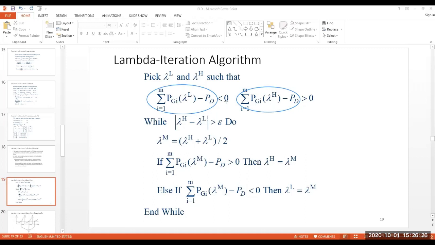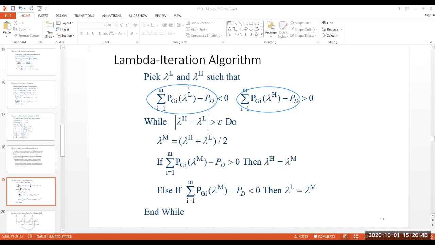That's why I am taking values at two ends of my actual solution. My actual solution is in between lambda L and lambda H. The actual, desired value of lambda would satisfy this condition: summation of PGi is equal to PD.